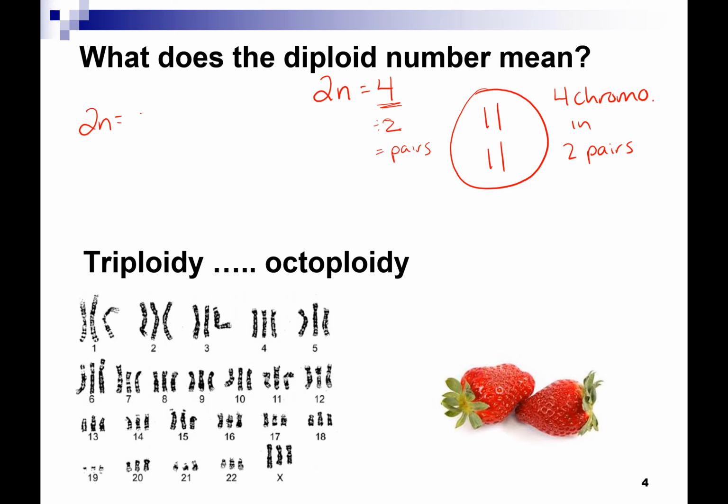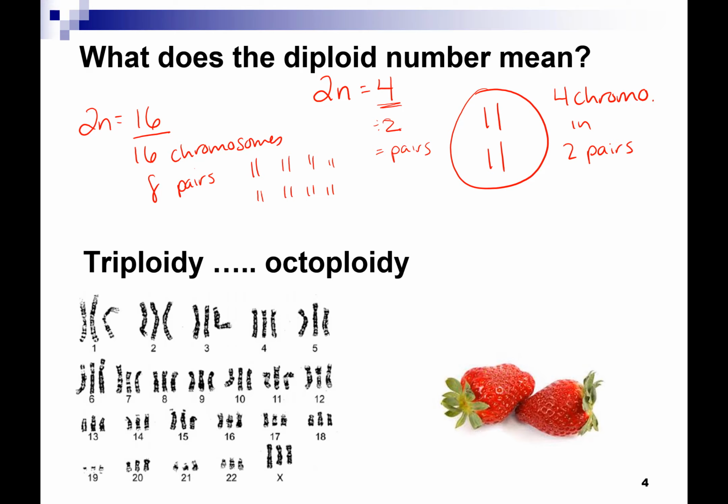So a 2n equals 16. You have 16 chromosomes, 8 pairs, right? So you'd go 1, 2, 3, 4, 5, 6, 7, 8. 8 pairs.